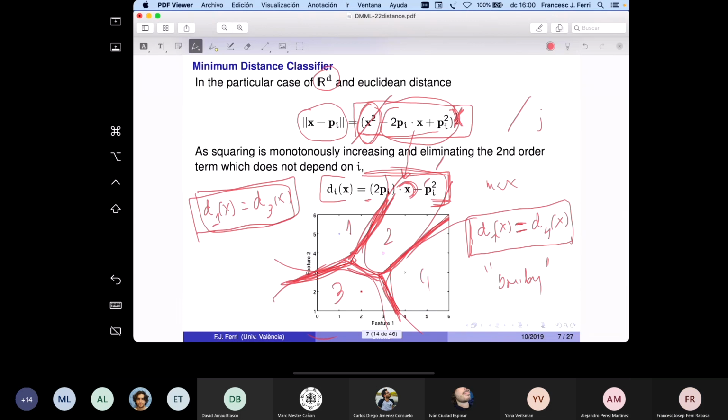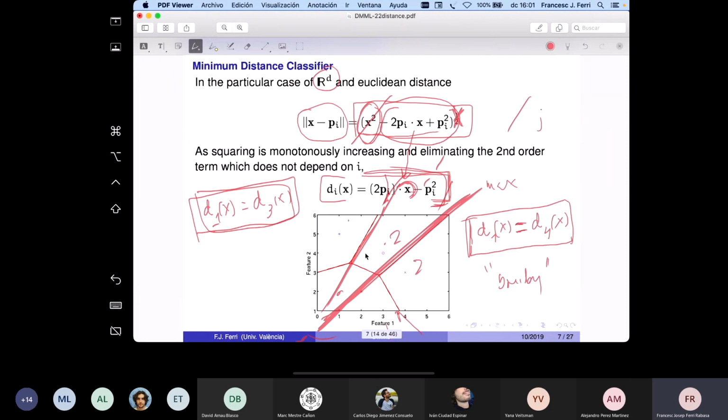I mean, between any two classes, for example, between class 1 and class 2, we have this linear function. Between 2 and 3, we have this linear function. So the functions are truly linear.